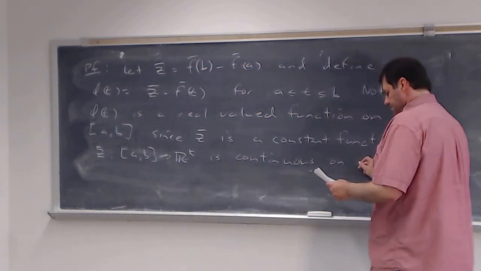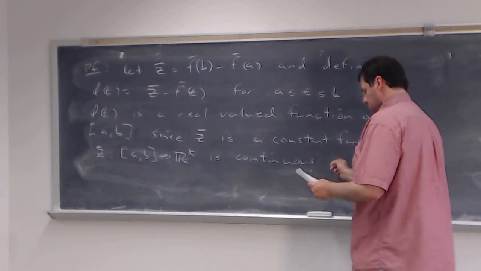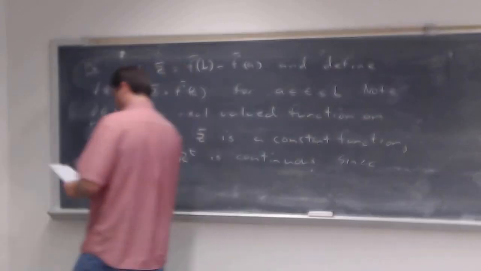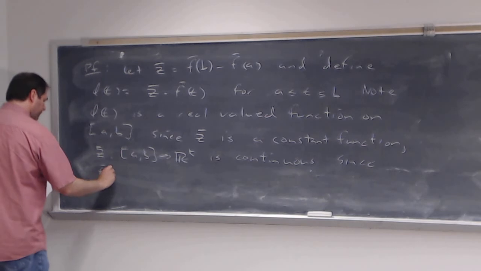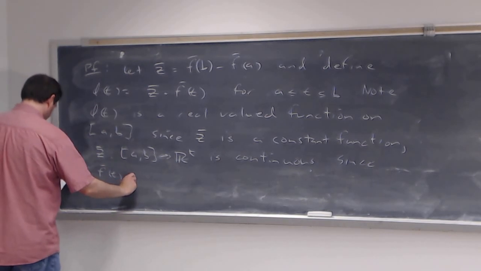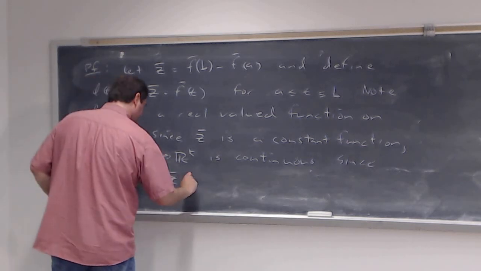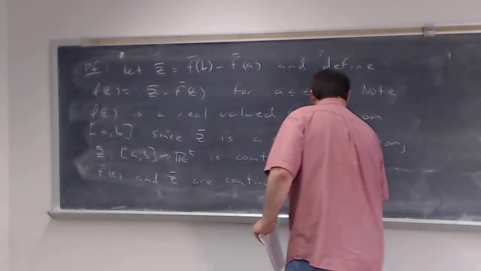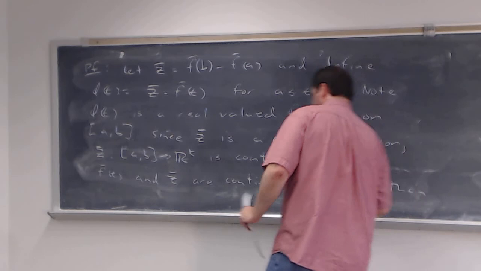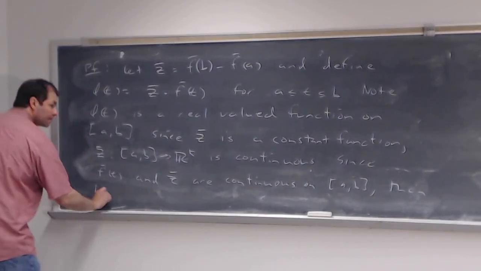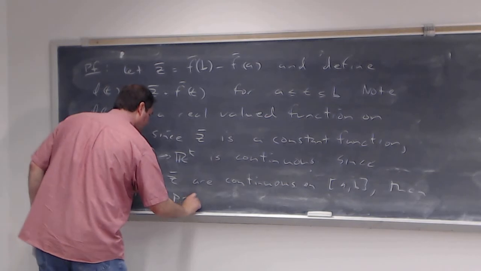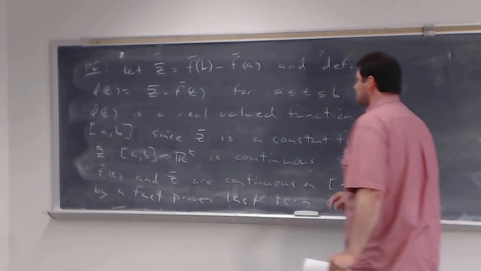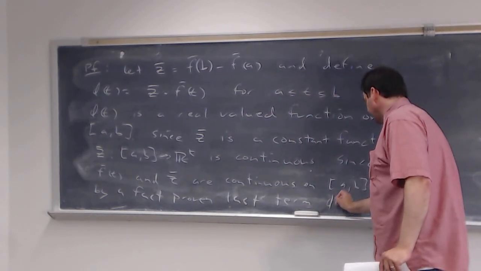Okay. And then what we say is since f bar of t and z bar are continuous on [a, b], then, by a previous fact, a fact proven last term, that gives us that phi, which is the inner product between these two continuous functions, phi of t, is continuous.